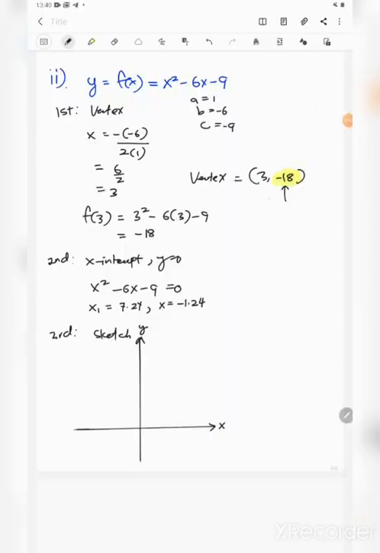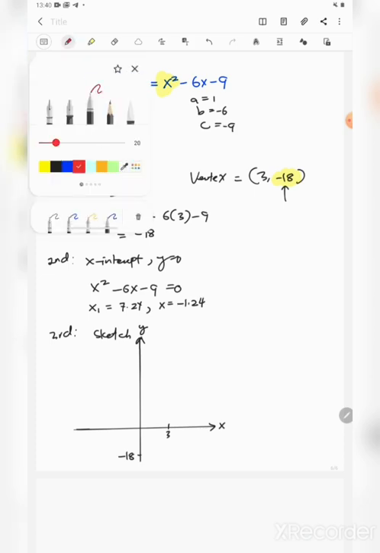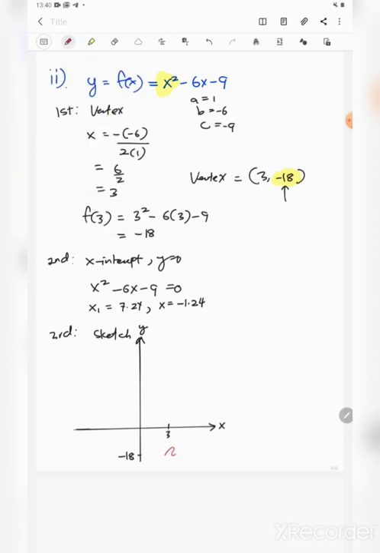And number 3, you have to sketch the graph. To sketch the graph, we know now the vertex is at point 3, negative 18. So estimate 3 is here, negative 18 at the bottom side of the graph. Just estimate the point is here. And then the graph is a positive graph since we have no negative sign in the function. This is the vertex.